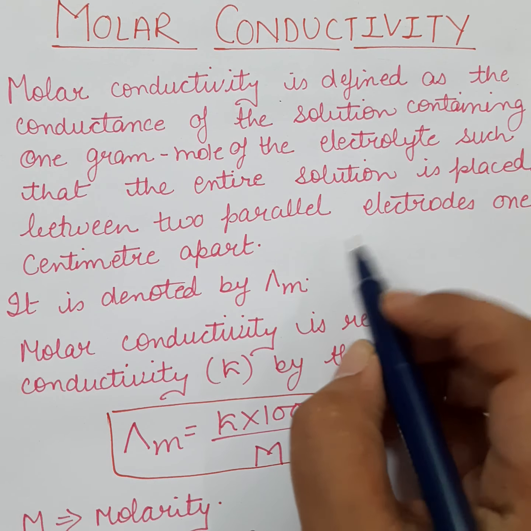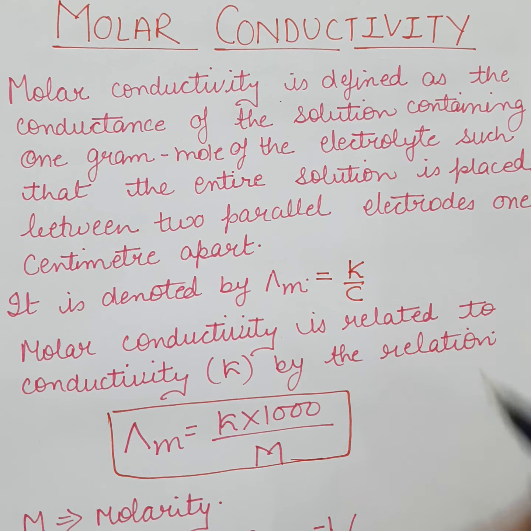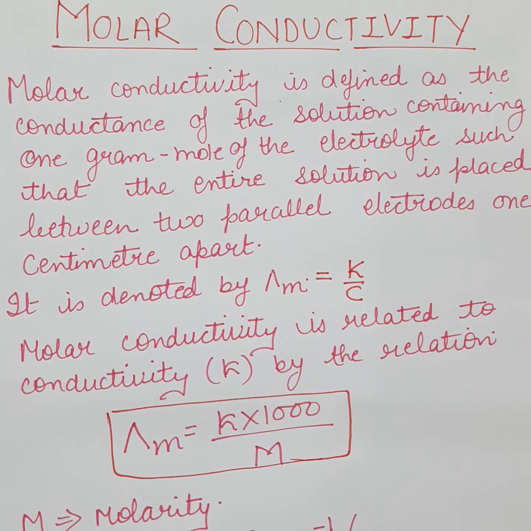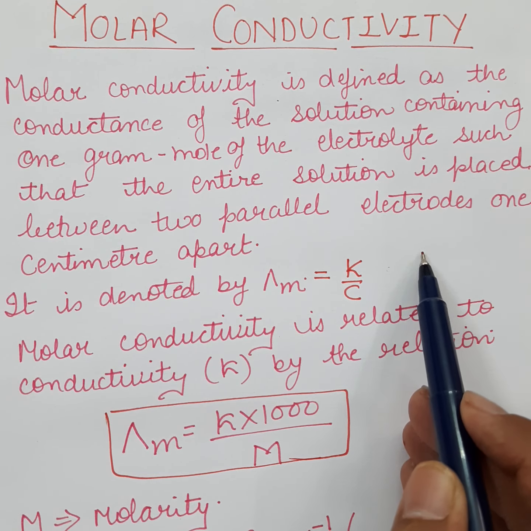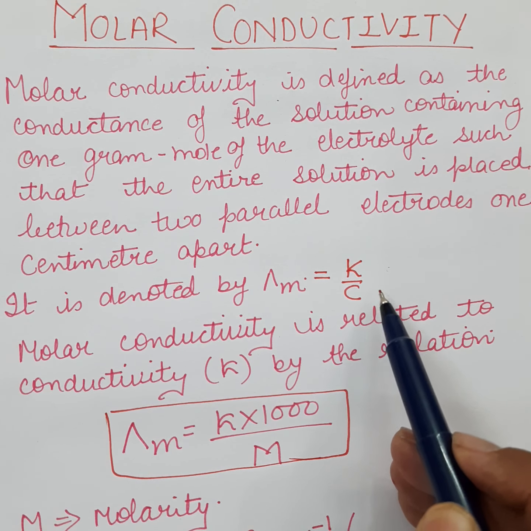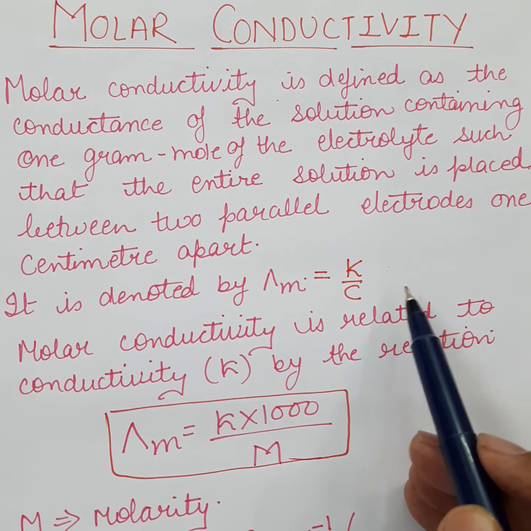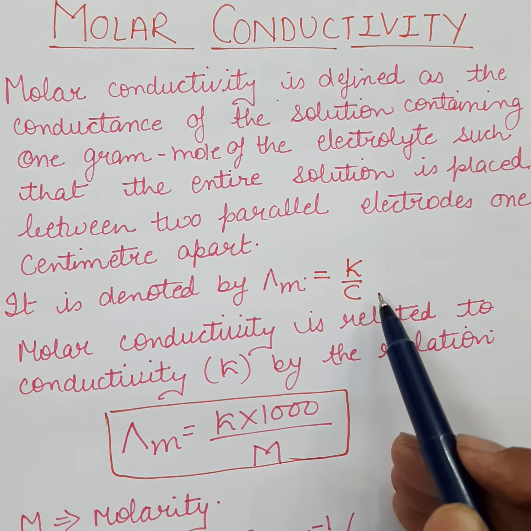So what is molar conductivity? Molar conductivity is equal to kappa divided by C. Kappa, we know the unit is Siemens meter inverse. C is the concentration, number of moles divided by volume.